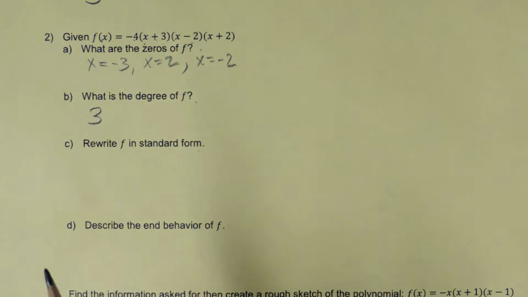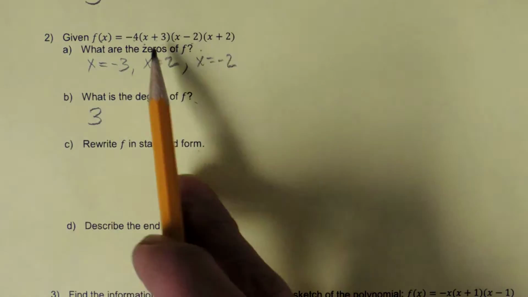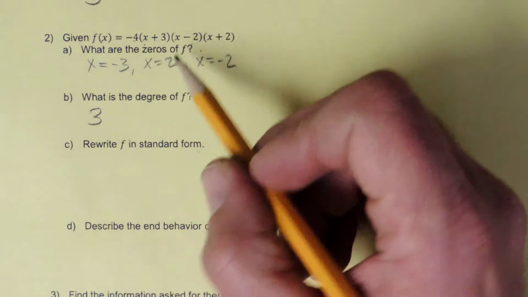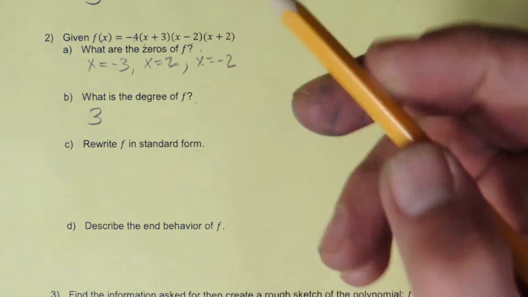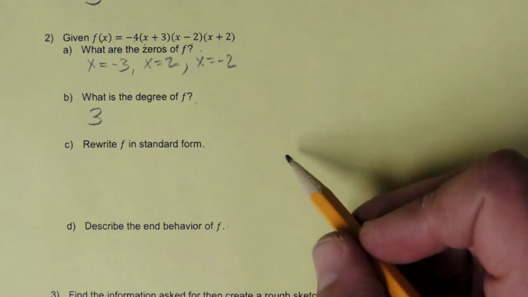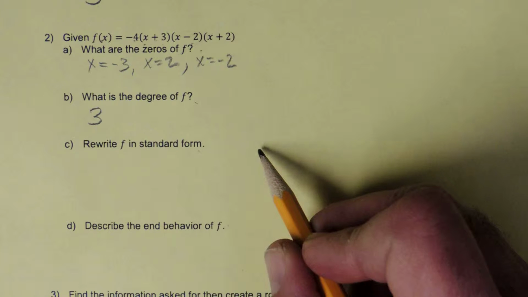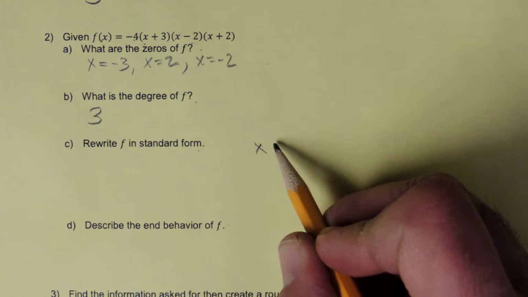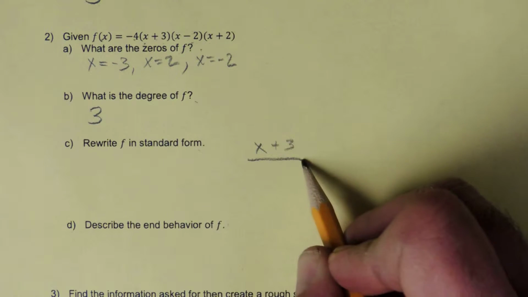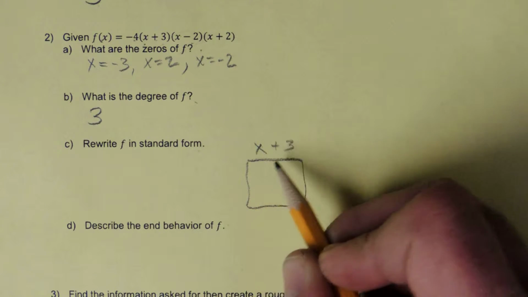When I rewrite it in standard form, first of all, I will multiply x plus 3 times x minus 2. And I'm going to do that over here, just to give myself a little more room. And I'm going to use the box.